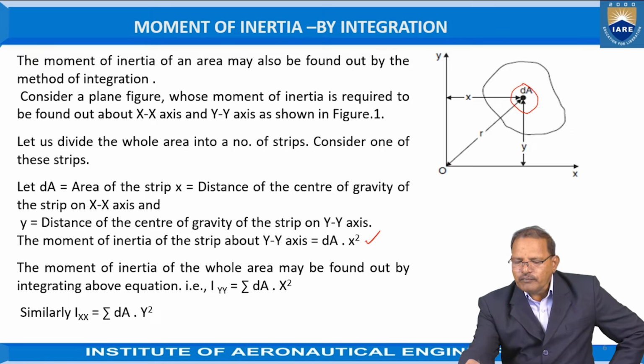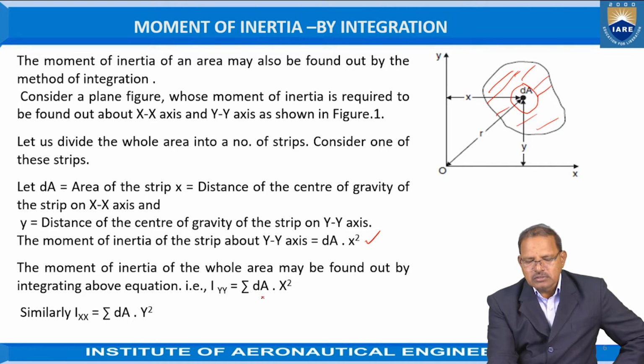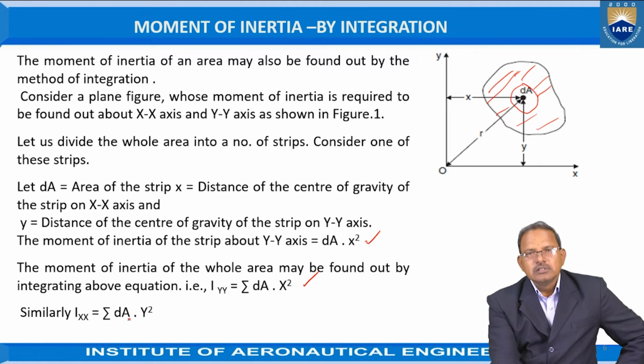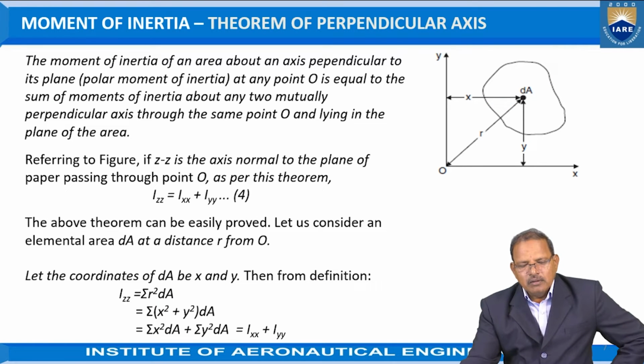Similarly, the moment of inertia of the entire area is obtained by integration, or the sum of the moments of inertia possessed by all the elements, which is Iy equal to sigma dA times x square. Similarly, Ix is equal to sigma dA into y square.